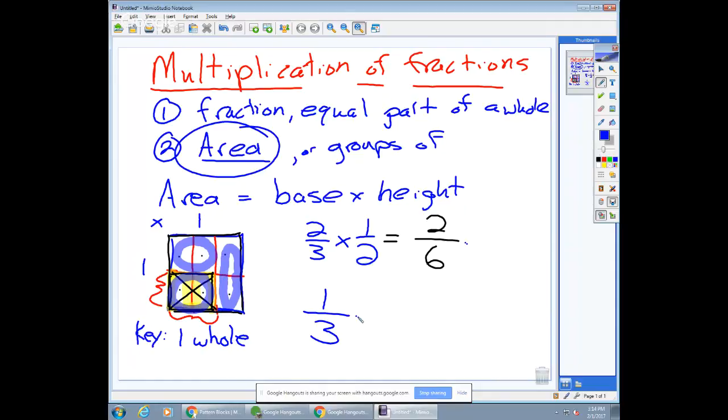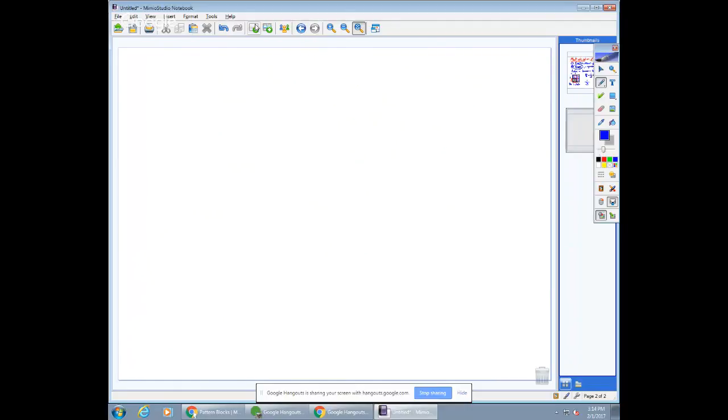So let's try another one of those. Let's try, how about 3/4 by 1/3. So draw a square unit, and then let's break it up into our base and our height.